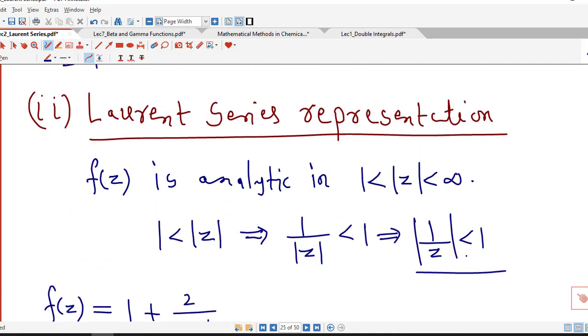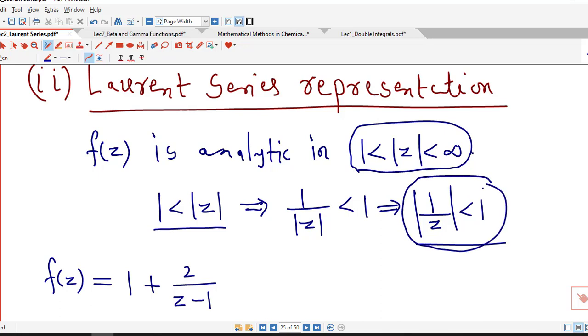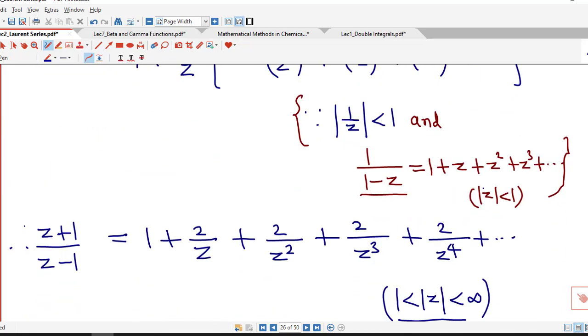So all we have to decide is in which domain our function is valid, and using the condition of that domain we have to write appropriately. So here the absolute value of z is greater than 1, therefore we are dividing by mod z, and we obtain that the absolute value of 1 by z is less than 1. So to use this series we require the absolute value of z less than 1.